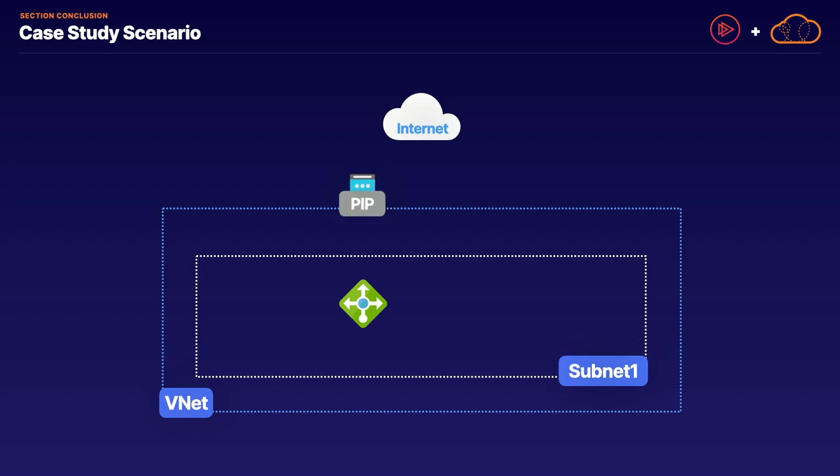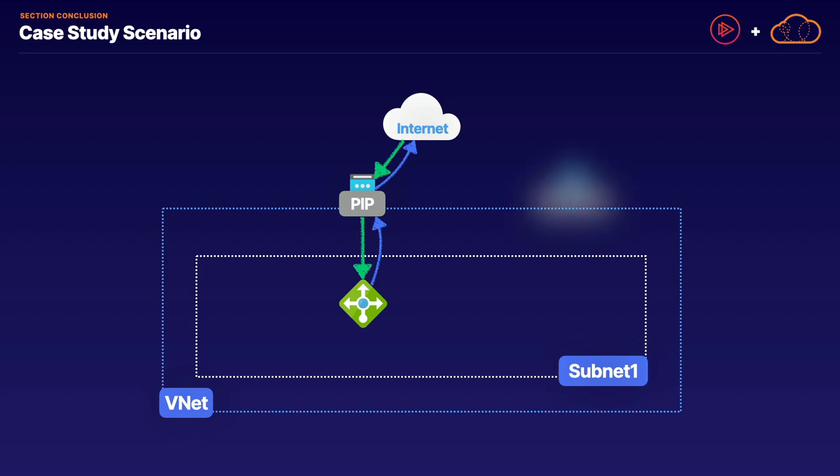Now, traffic inbound comes over this public IP for our application gateway. On the outbound, traffic also goes through the same public IP address for those resources that are in the backend behind this application gateway. And this would be the default behavior for source network address translation and snatting these outbound connections for those resources behind our application gateway.